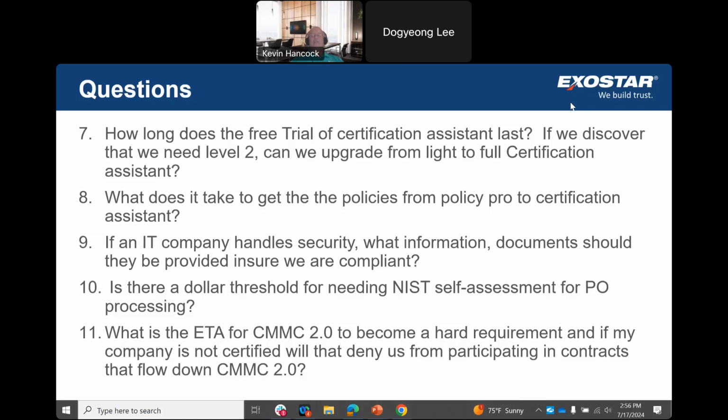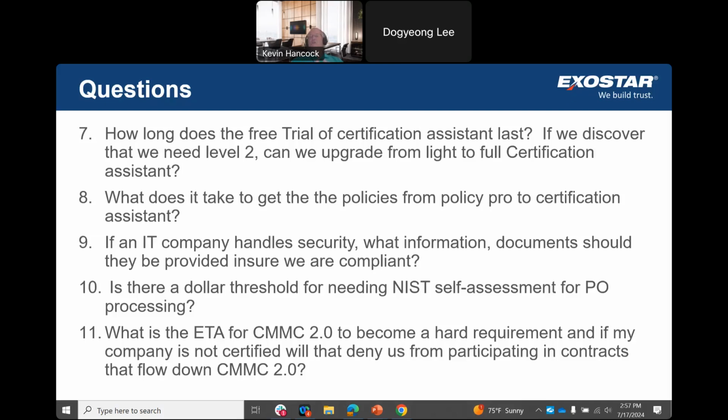Is there a dollar threshold for needing NIST self-assessments for PO processing? So a number of people use Exostar to get into various prime contractors' supply chain portals where they process purchase orders and things like that. So I think this question is against that. And I don't know. This would be a question you really should ask of your contracting officer.